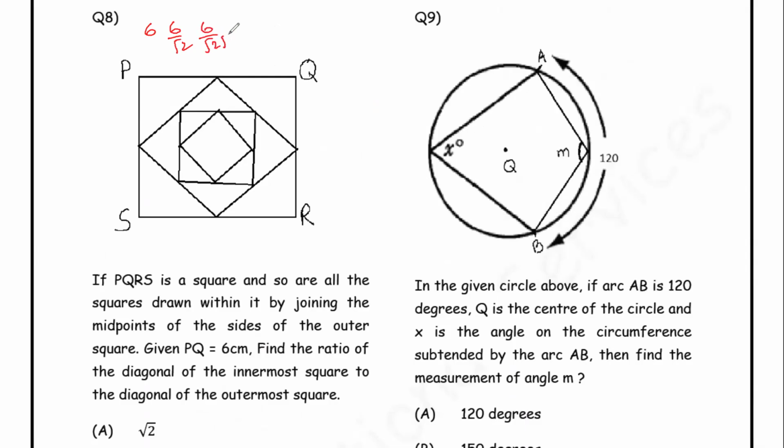So there was a ratio, it was a geometric progression, where the ratio is 1 upon root 2. Every term got multiplied by 1 by root 2. So you could have used the formula for geometric progression out here.